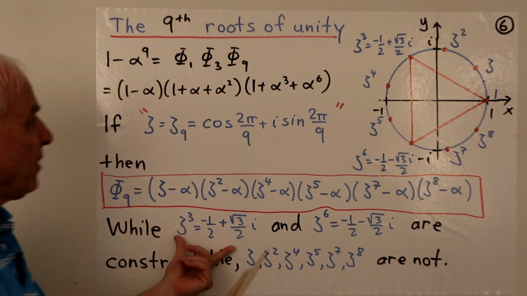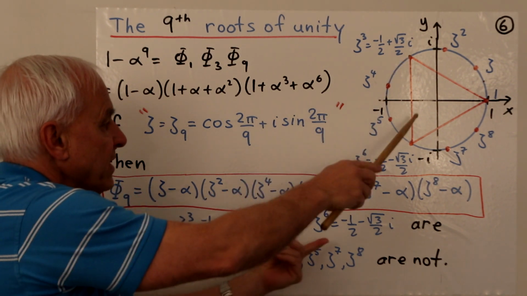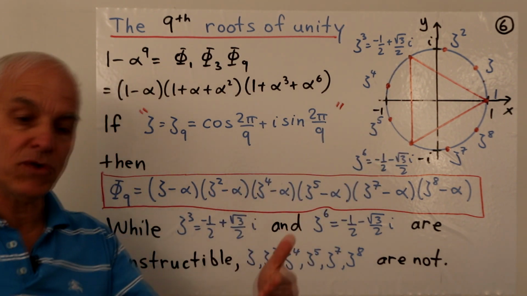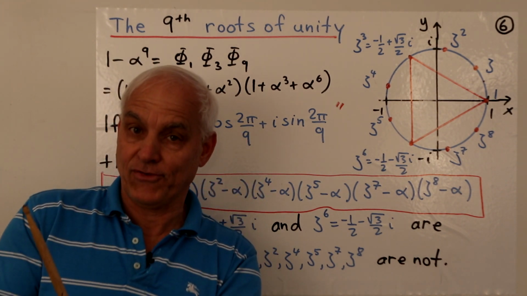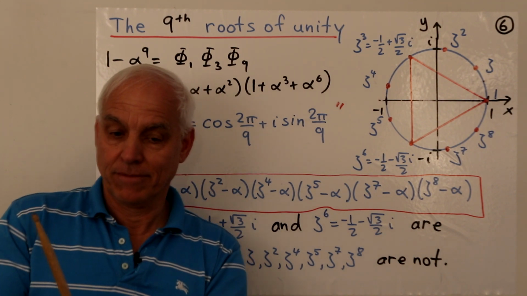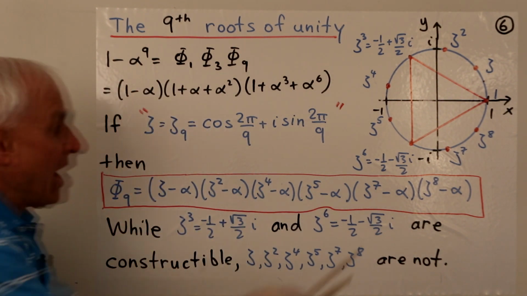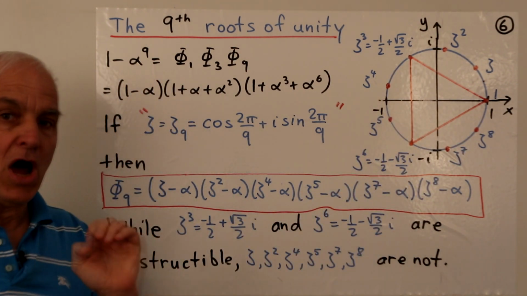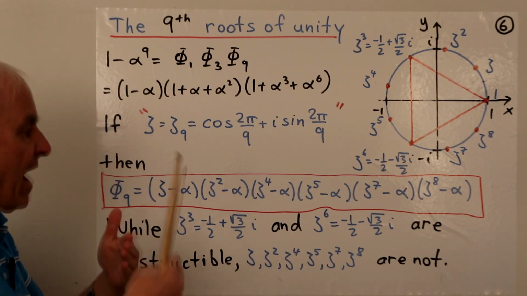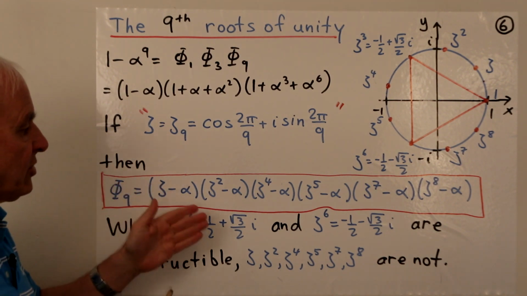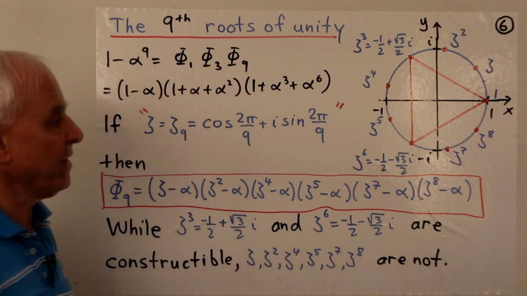Now, while these ones here, the zeta cubed and the zeta to the 6, are the cubed roots of unity, they are actually constructible by ruler and compass. But the other 6, in fact, are not. They are not constructible by ruler and compass. And so there's definitely a different aspect to them as to these ones here.